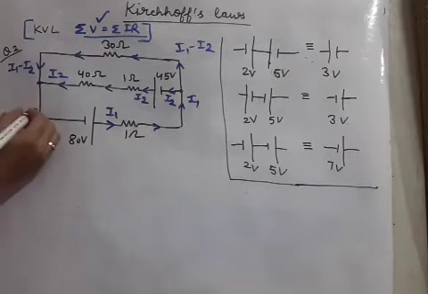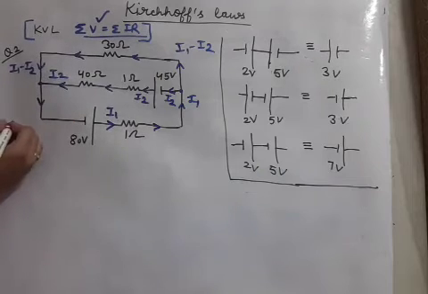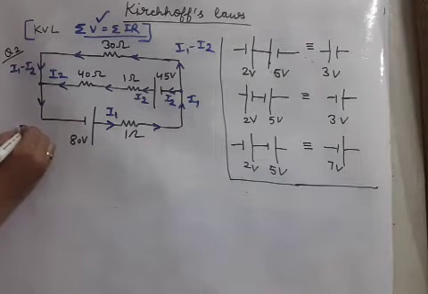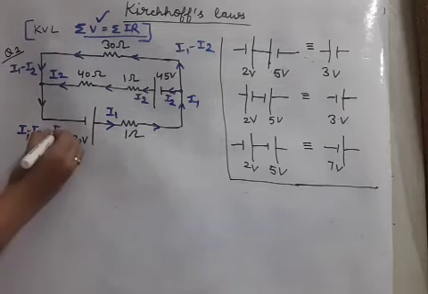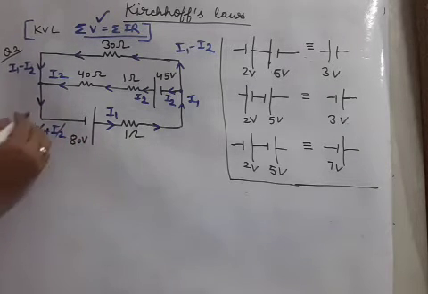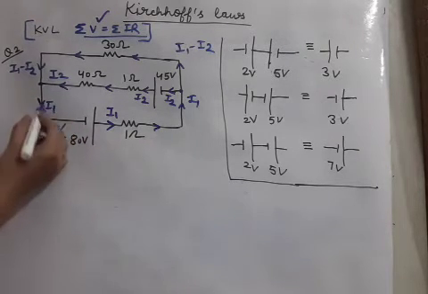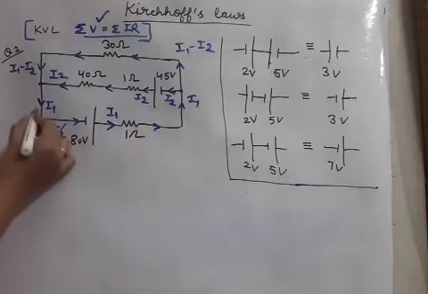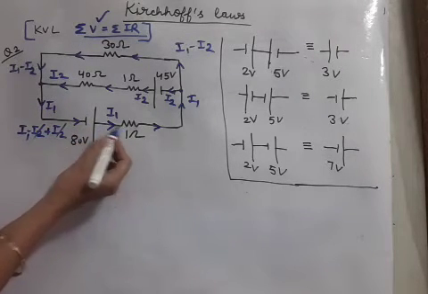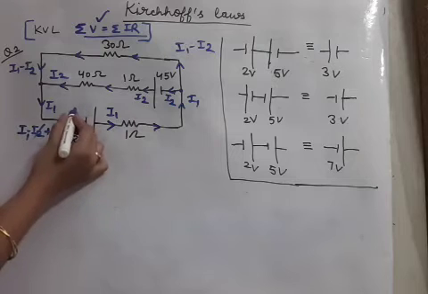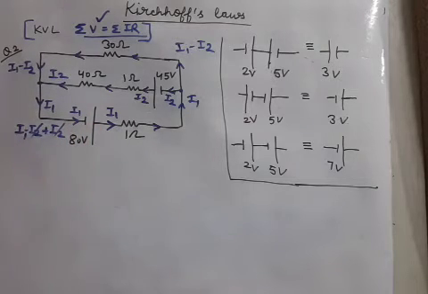Both are entering currents, so they will be added. So if we add them, I1 minus I2 plus I2, that means this left current is I1, and the checking is done. Yes, the first battery has given I1 current, so it should take I1 current only. So this is right. So this way at last the checking will also be done.